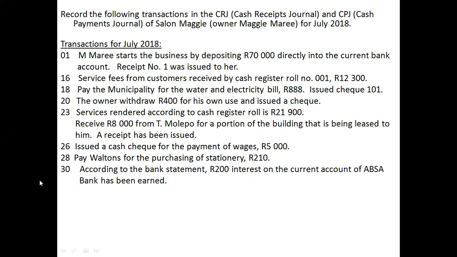So you can quickly draw up the columns, put the headings in there, and from the transactions for July that you see in front of you, the transactions are mixed, but you only do the ones that must go to the CRJ. I will give you about 10 minutes, so you don't have to rush it, rather make sure that you do it correctly. If you have any questions, please put it in the box.